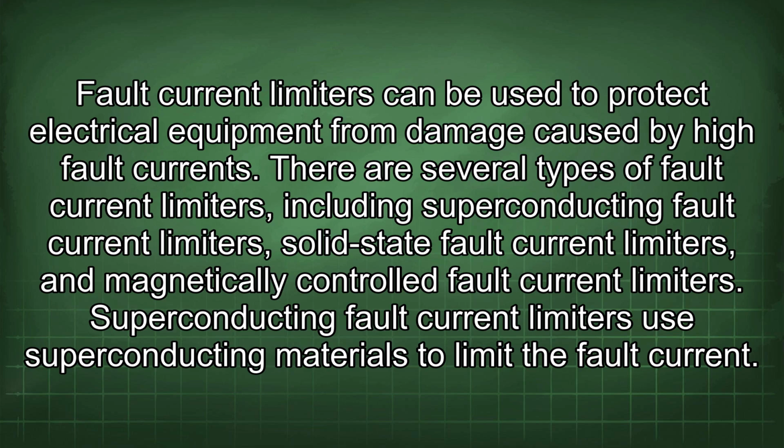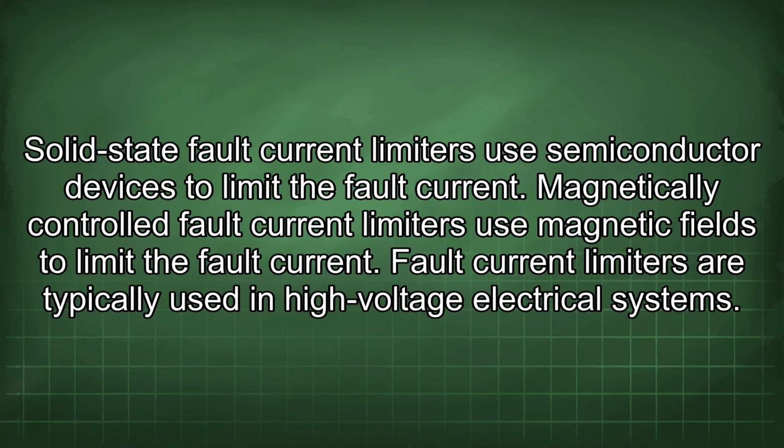Superconducting fault current limiters use superconducting materials to limit the fault current. Solid-state fault current limiters use semiconductor devices to limit the fault current. Magnetically controlled fault current limiters use magnetic fields to limit the fault current. Fault current limiters are typically used in high-voltage electrical systems.